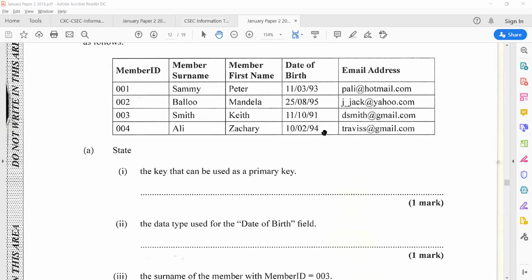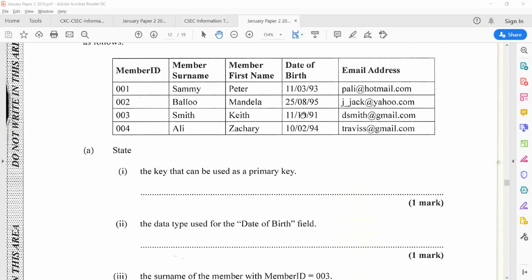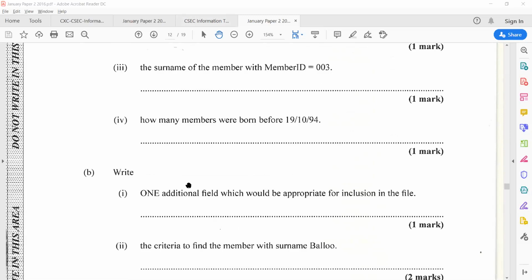Okay, so we have the 11th of March, so that's one. We have the 25th of August, 1995, so not him. Then we have 11th of October, 1991. That person meets the criteria. And then we have the 10th of February, 1994. So they made the criteria. So the answer for part 4 is 3 persons.